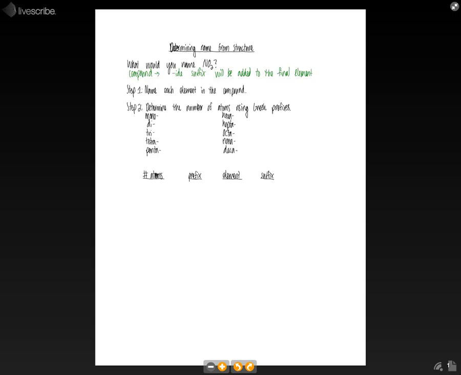And so the first step will be to name each element in the compound. And so we can see that we have a nitrogen, and then we have an oxygen.